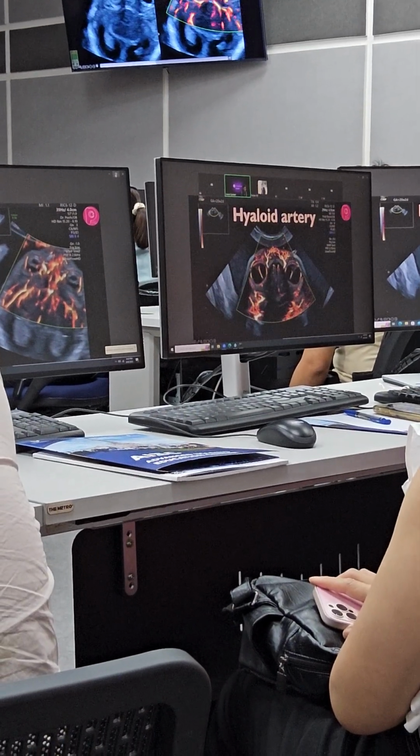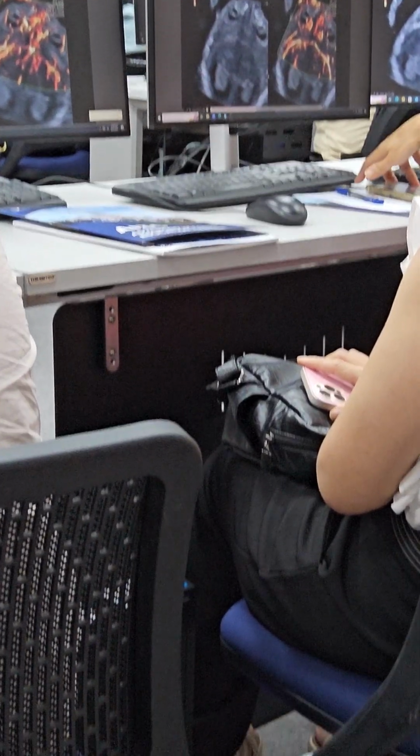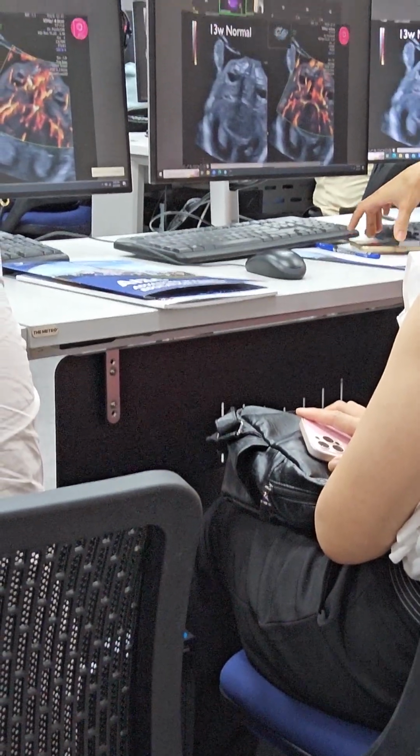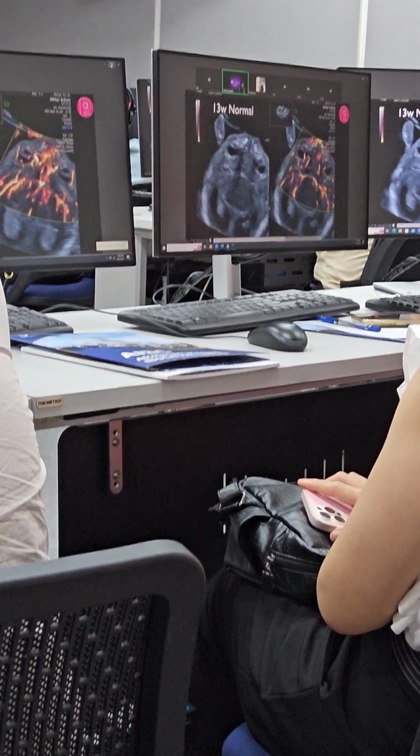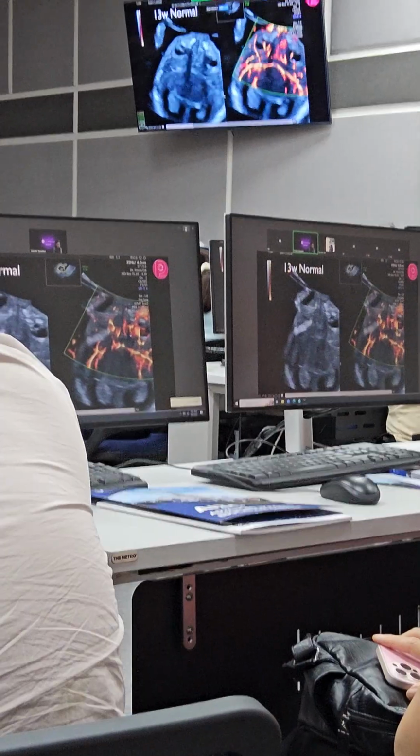This is the bilateral hyaloid artery. There is the bilateral lens, and behind the lens you can see the bilateral hyaloid artery.